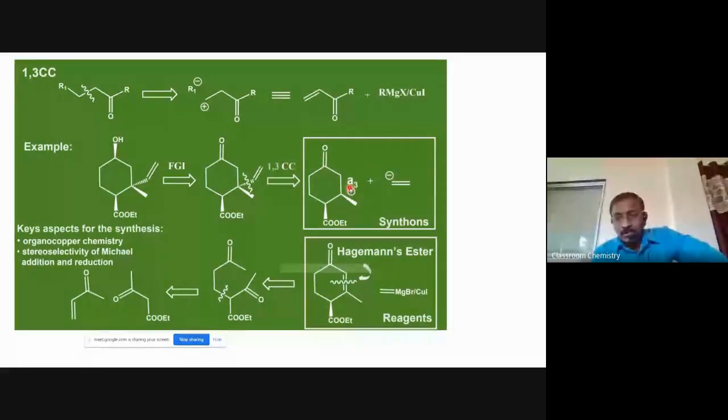So whether it is possible to form a double bond over here? Yes or no? Whether we can form the double bond over there? Yes or no?